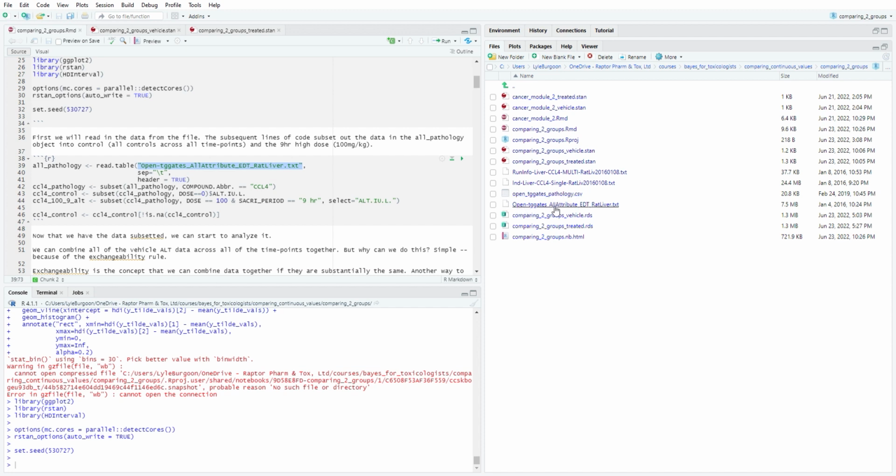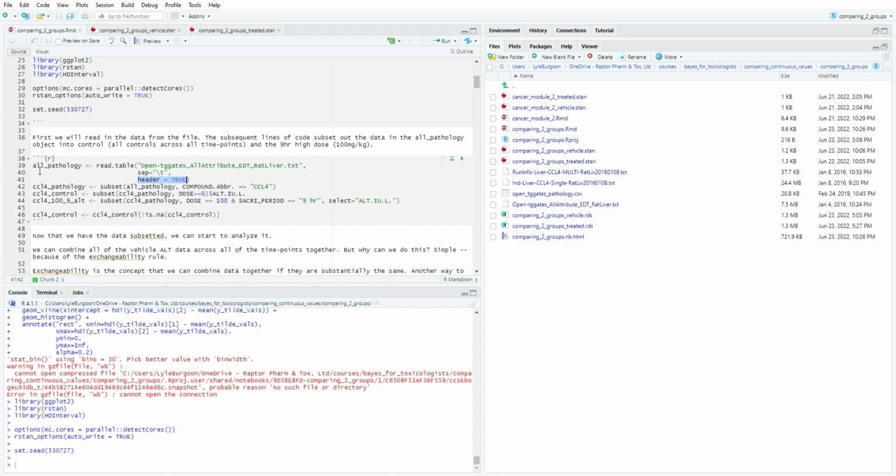There it is: OpenTG gates all attributes edt ratliver.txt. So I've got it right here. Then the next part I'm telling it is that this is a tab-separated file, which means every record has a tab in between them, and that's how the computer knows how to load it. The next part is that this file has a header, so I tell it header equals true.